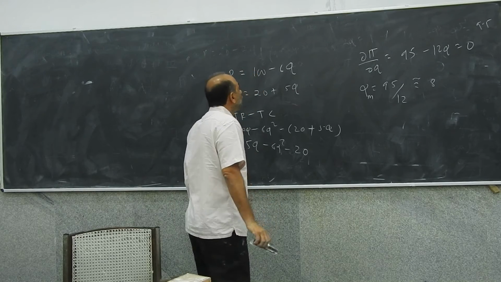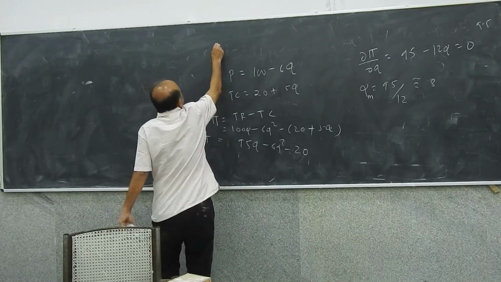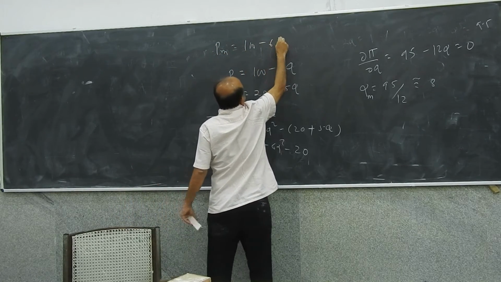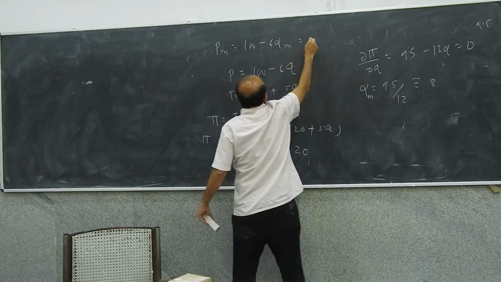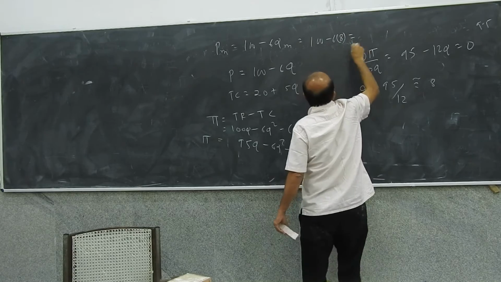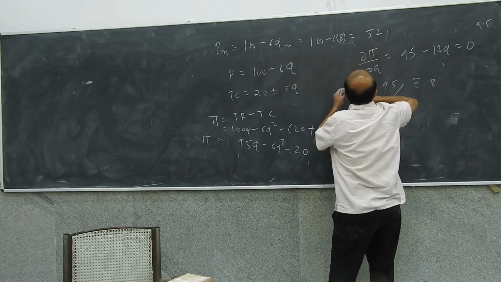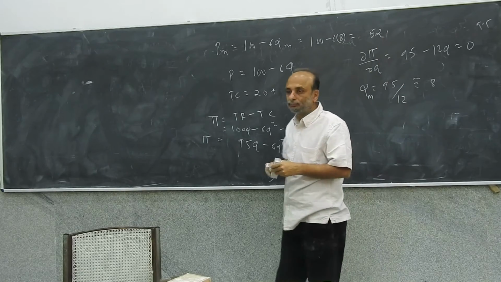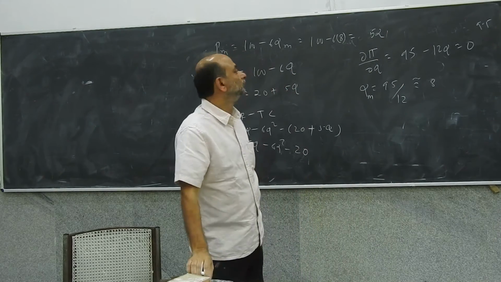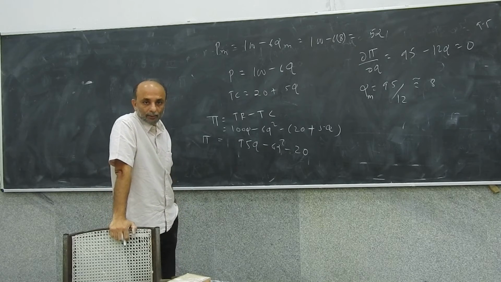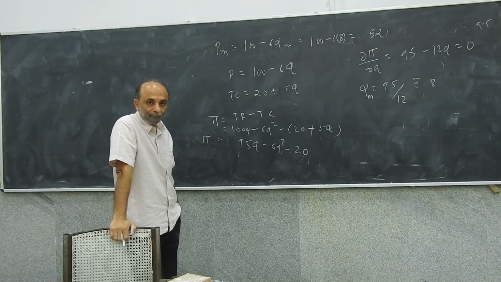What will be the monopoly price? Again, this will be rounding off. The price is 100 minus 6 into 8, which is $52.